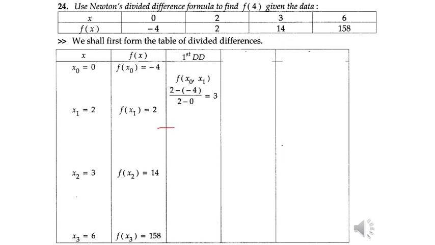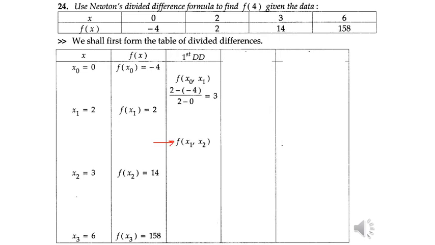Now what is the entry here? The entry here will be denoted as f of x1 comma x2. And how do we find this value?